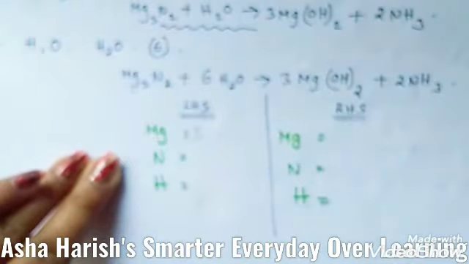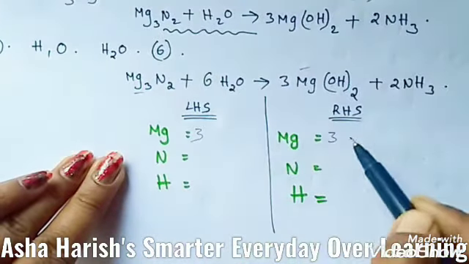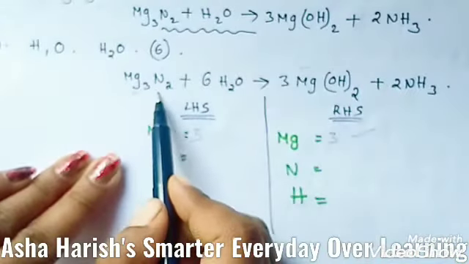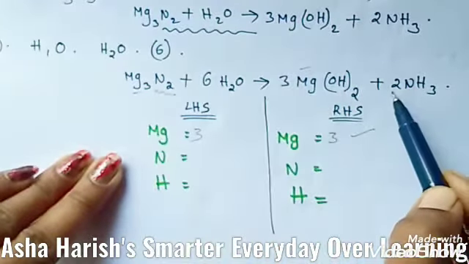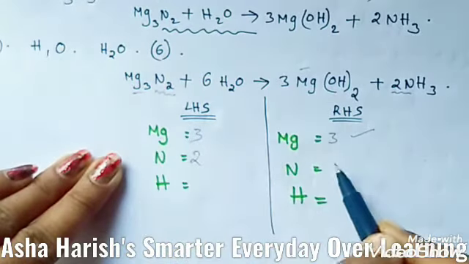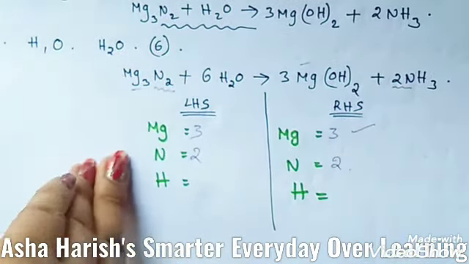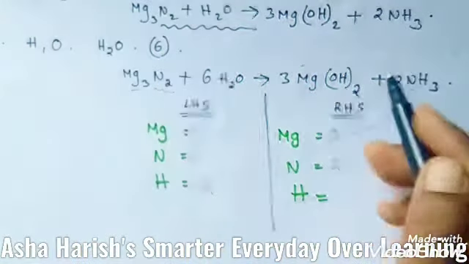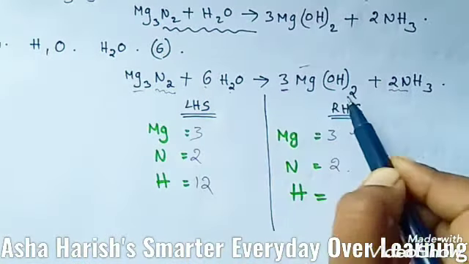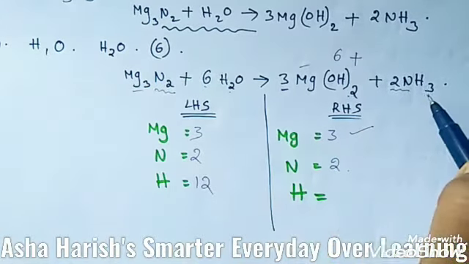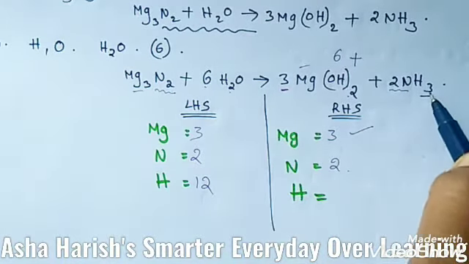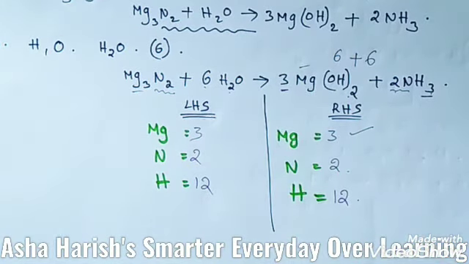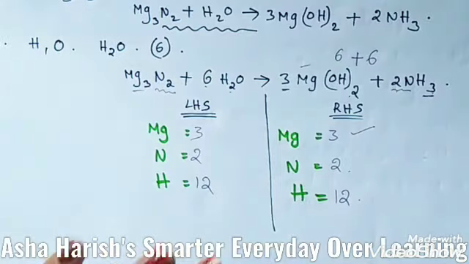In the product side, here also same 3. Now magnesium is balanced. Now coming to nitrogens, here 2 atoms of nitrogen and here also 2 atoms of nitrogen. And hydrogens, see here 6 2s, so 12. Here also, that means 3 into 2, 6 plus here 3 into 2, 6. So hydrogens also 12. Okay. Now students, this equation is balanced.